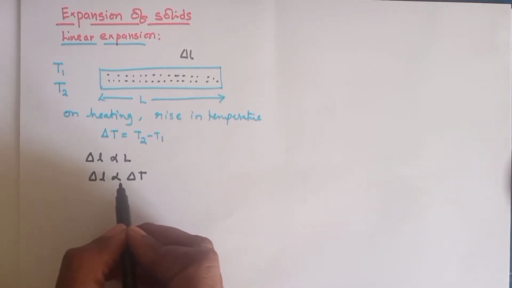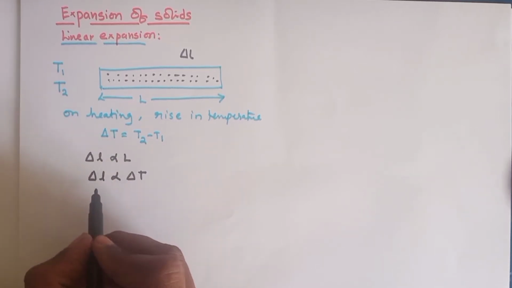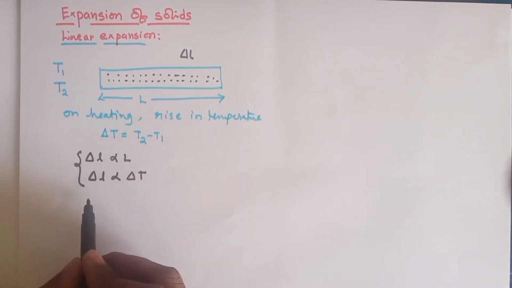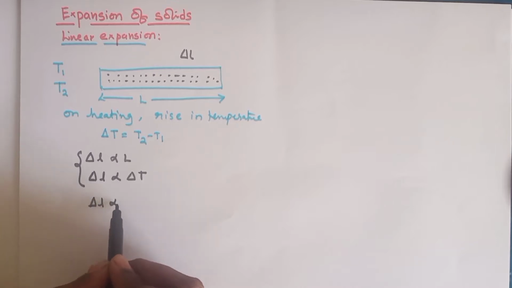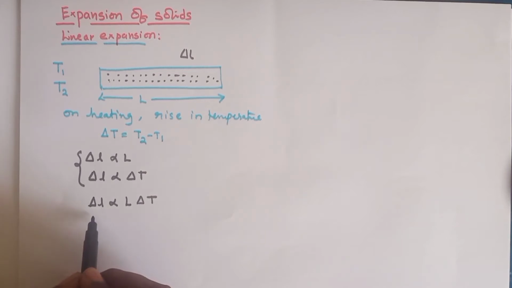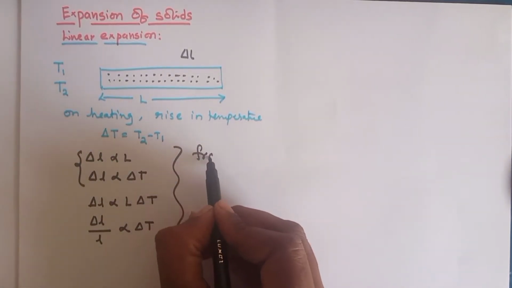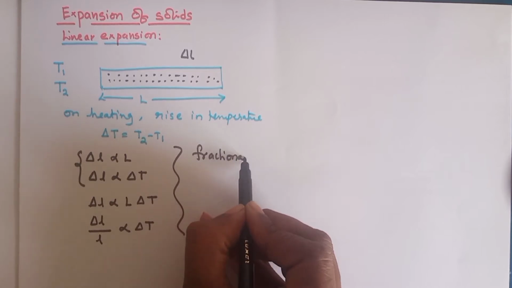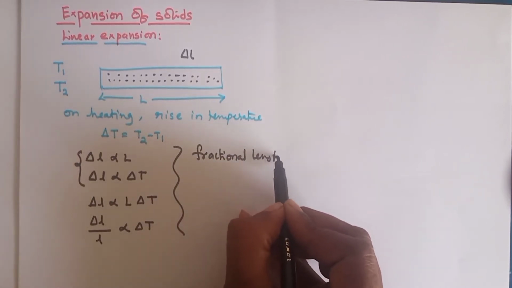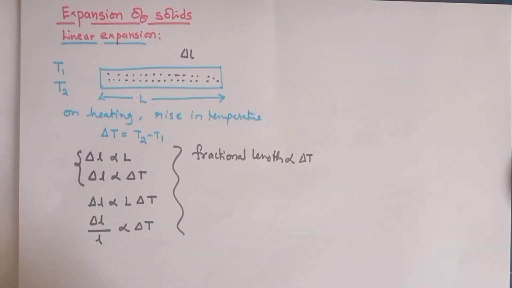Then delta L is also proportional to the change in temperature. So delta L is directly proportional to delta T. Combining these, you write delta L is directly proportional to L into delta T. Sometimes we refer to it as delta L by L, which is called the fractional length, directly proportional to delta T. Right?